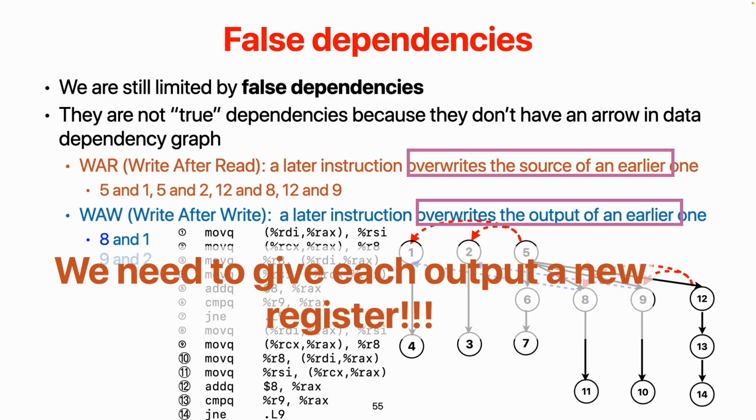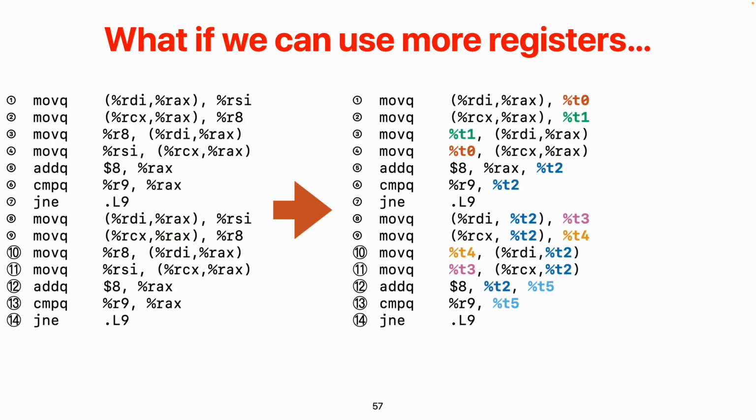Would that solve this problem? So let's take a look. Now, if we can have more registers, I can rewrite all the output registers of an instruction to temporary registers, for example.